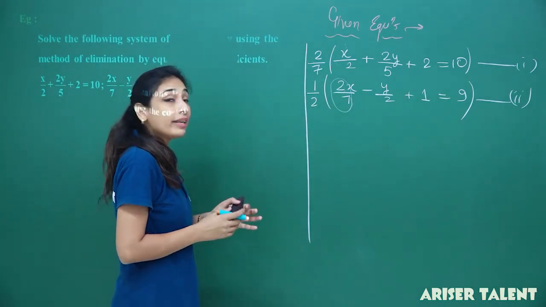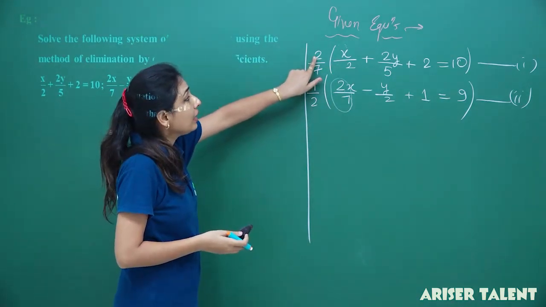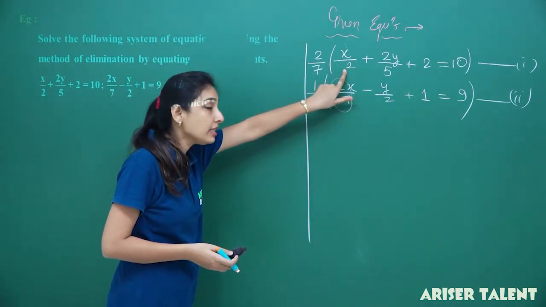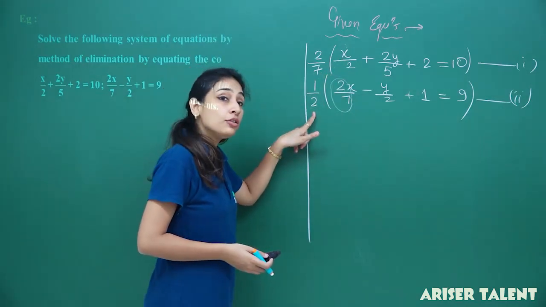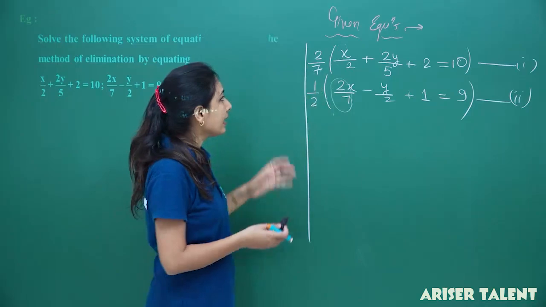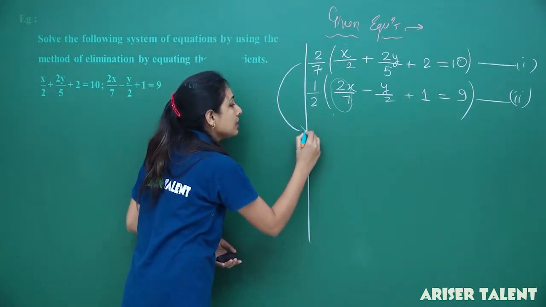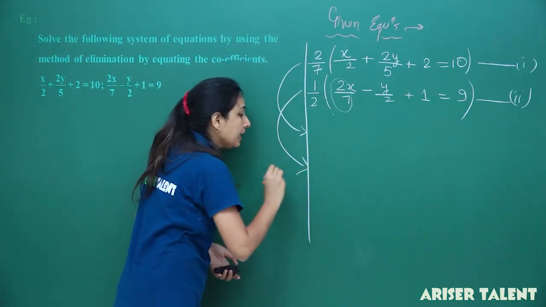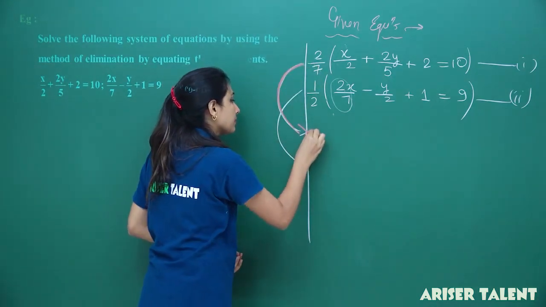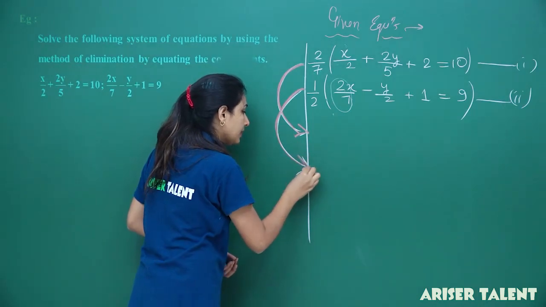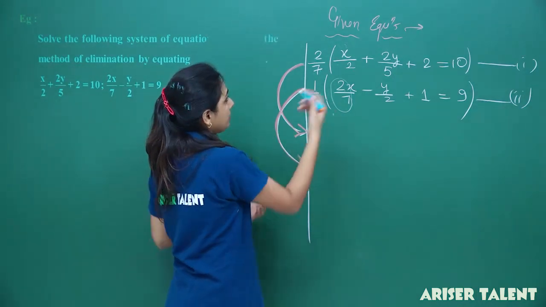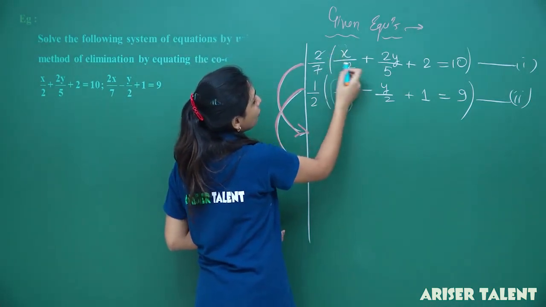So, what will happen? That will be 2 by 7 multiplied by 1 by 2, and 1 by 2 multiplied by 2 by 7, which is also the same. So, can I have these equations after multiplication? That will be transformed as, if I solve this, this 2 and 2 will be cut.